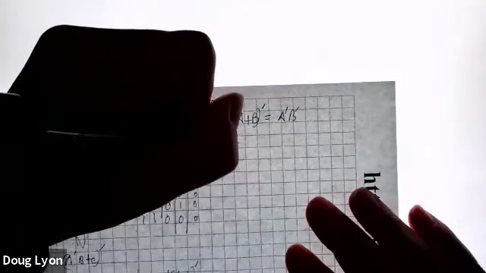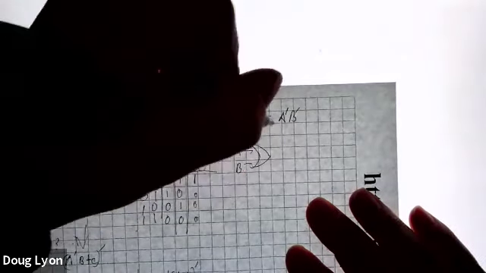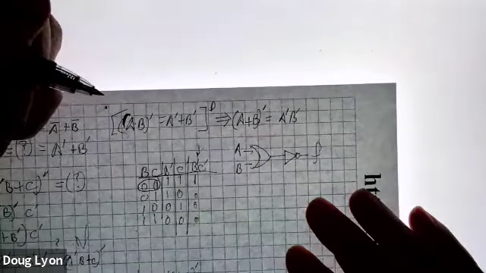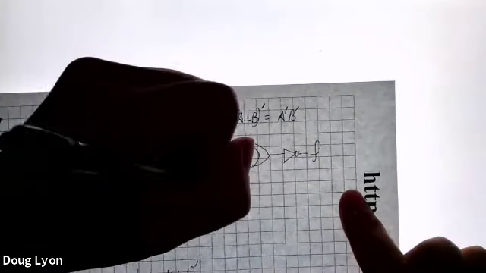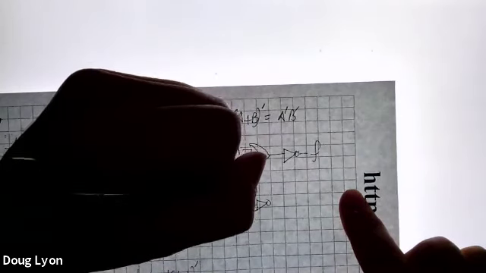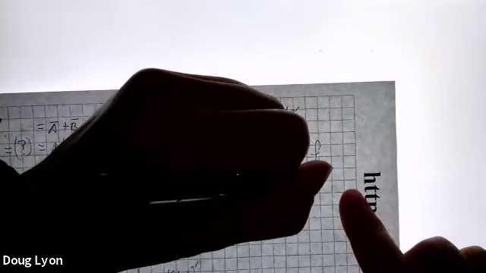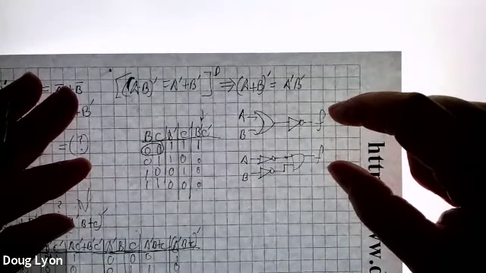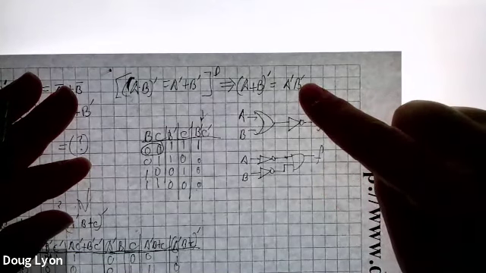So A, B, ORed goes into an inverter to make F. That's A or B inverted. Or you can have A, B inverted go into an AND gate. And check it out. These two networks of gates look really different, but they are equivalent according to the equation.